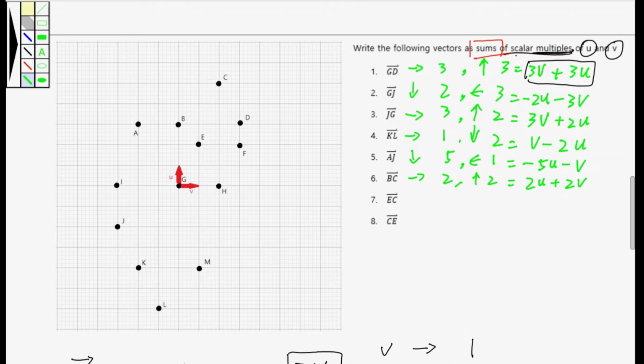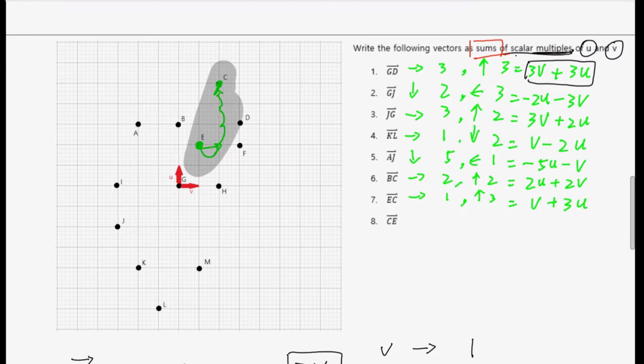For the vector EC, E is here, C is here, right direction is 1, upper direction is 3. So 1 vector v plus 3 vector u.